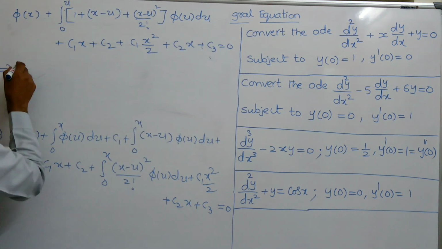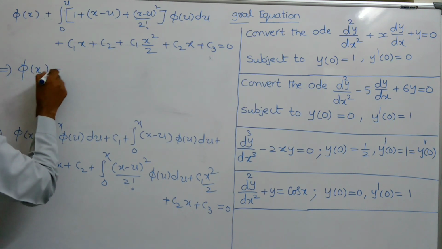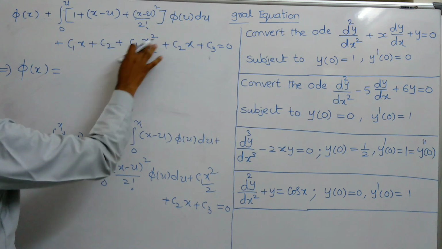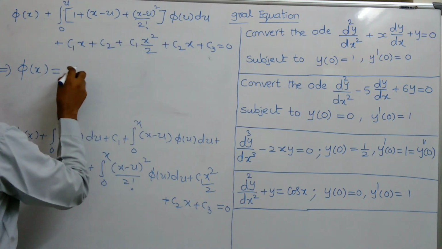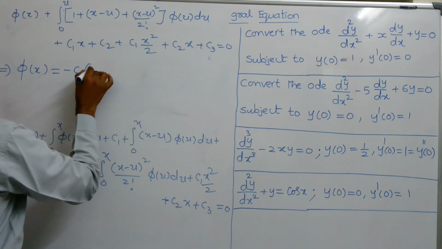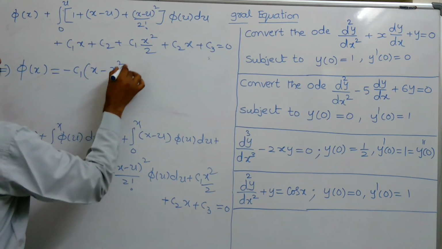Let us write this equation as phi of x is equal to, first write all these terms, C1x, C1 x square by 2.